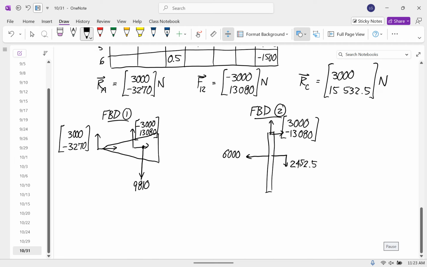And then RC is 3,000, 15,532.5. When we get into deform, we'll be using external loads on bodies like this to calculate stresses and strains. And so these are the forces that you would use then to calculate the stresses and strains in that body. Or if you ever use a finite element modeling program, these are the forces you would plug into the finite elements to come up with the stresses.